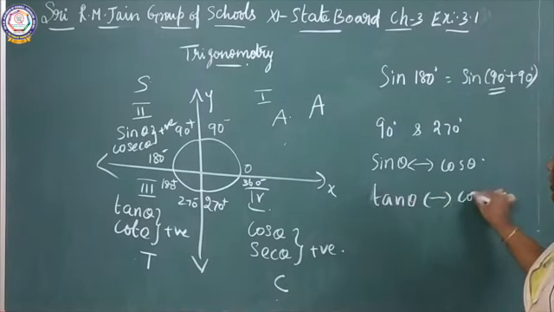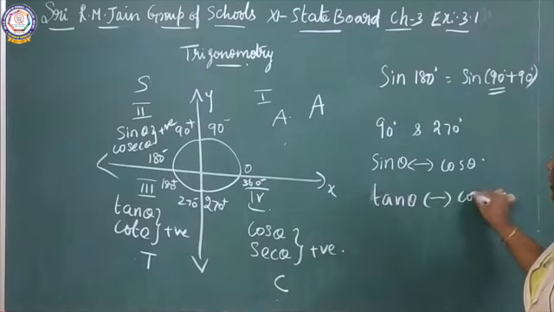You check only the value that is given; if it is not changing, you don't check the changed value. So cos of 180 minus theta lies in the second quadrant, where sin theta is positive, but cos theta is given here in the question. So first you put minus.